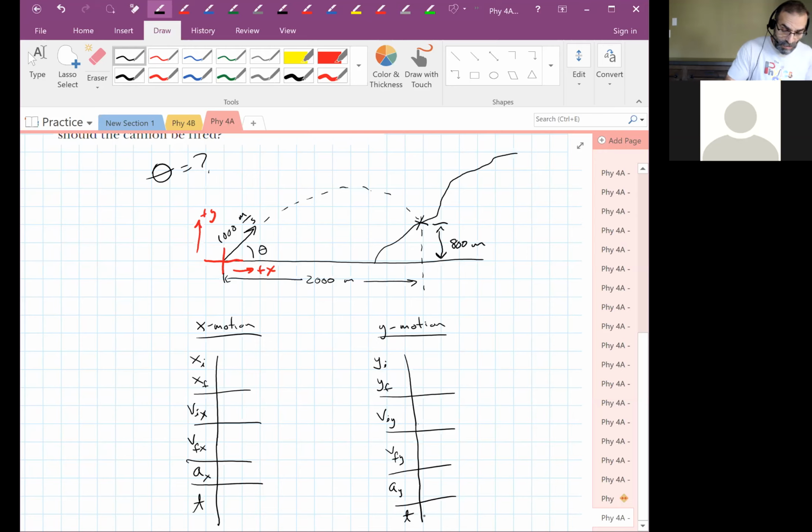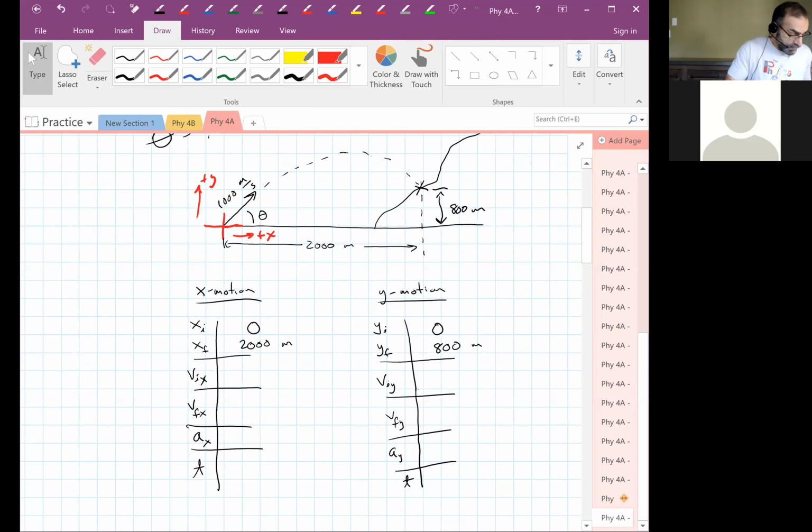What's the x and y coordinate where our projectile starts? It's at the origin, right? The x and y coordinate where it ends up, 2000 in the x and 800 in the y. V sub x and V sub y. I think it's best if we write that in terms of theta.